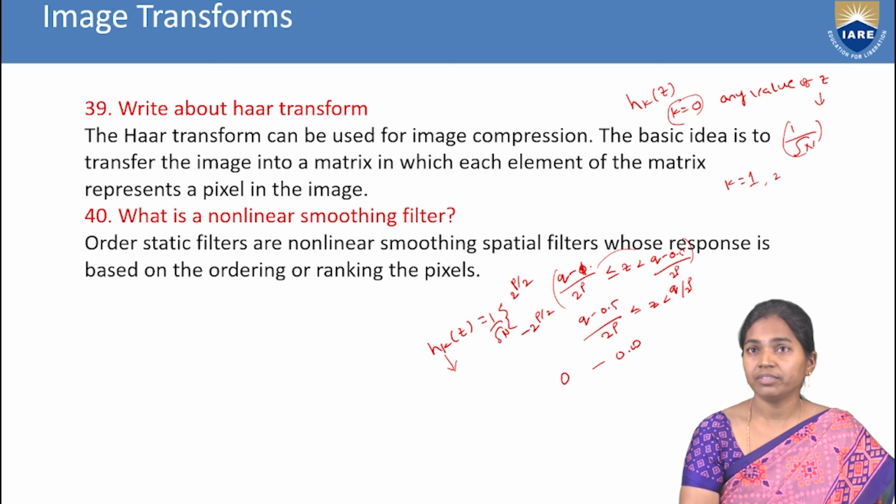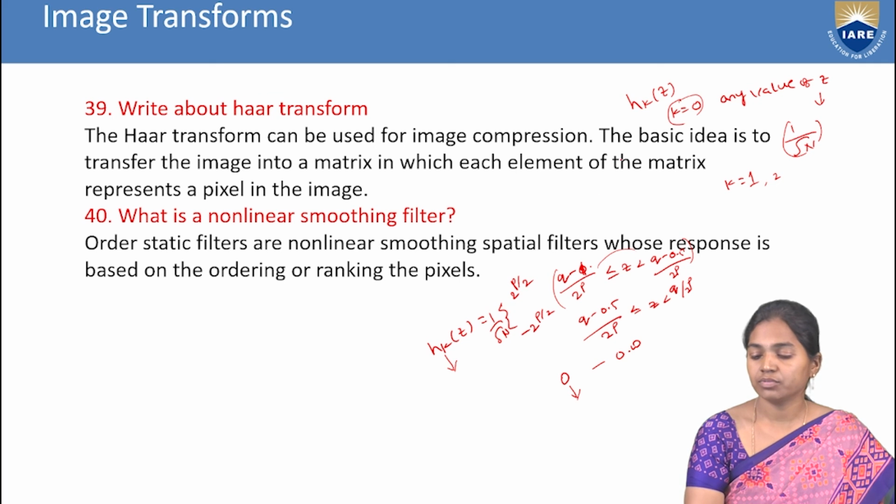If the z value is between 0.5 and 1, we consider the coefficient value 1 by root n into minus 2 power p by 2. Otherwise, we consider 0 only. So this is the Haar transform.